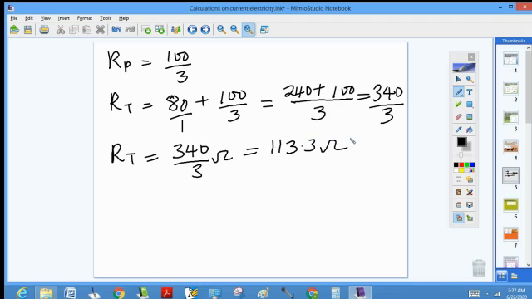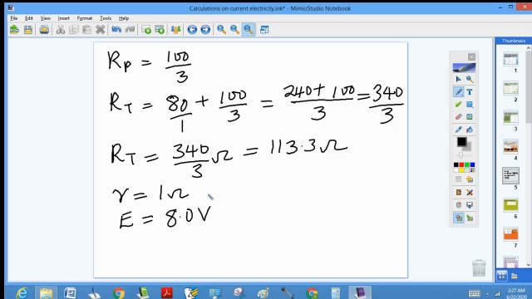From the question, we are given that the internal resistance r is equal to 1 ohm, and that the EMF is equal to 8.0 volts.